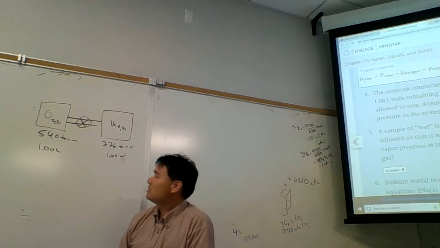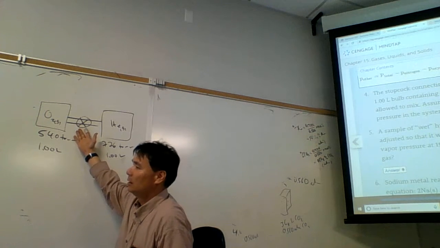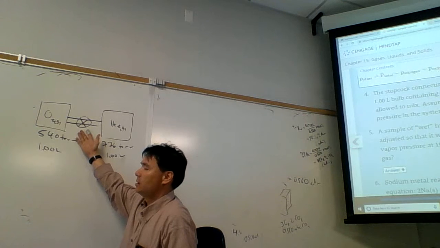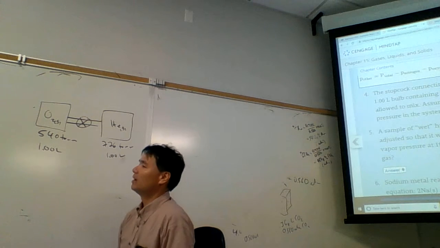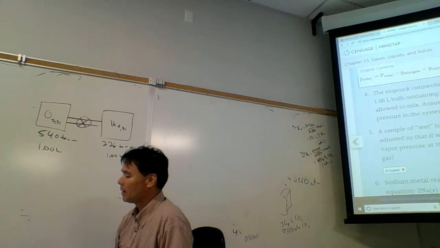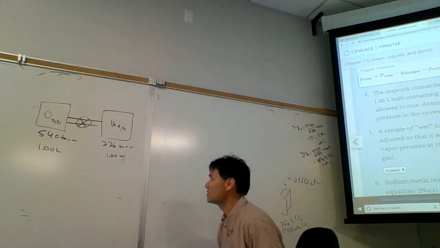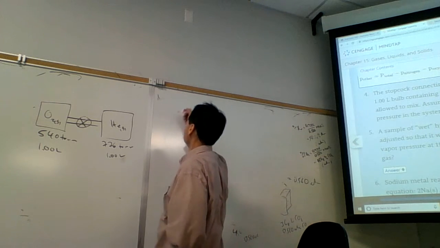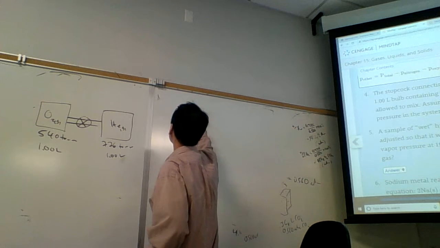And so this is kind of a mixture and one of the earlier gas laws problems. So if I open this, the total volume gets doubled, and the pressure gets cut by half. And so I'm going to have to calculate the new pressure of oxygen. Once I open the valve, I get the new pressure of oxygen.